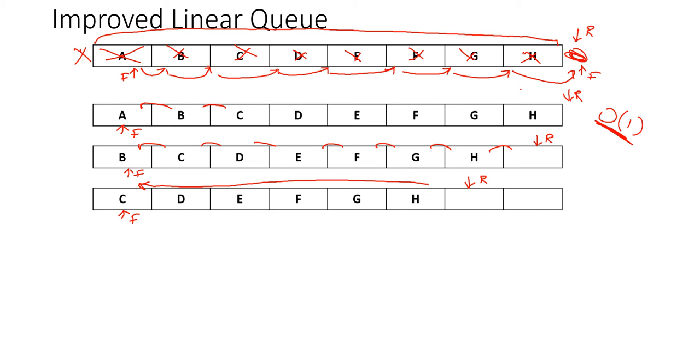It doesn't get affected by the size of the array. And the same with removing. You just take a copy where the front pointer is and then move the front pointer up. And our poor queue also worked that way, the one that didn't reuse these places. So they're quite efficient in terms of time.